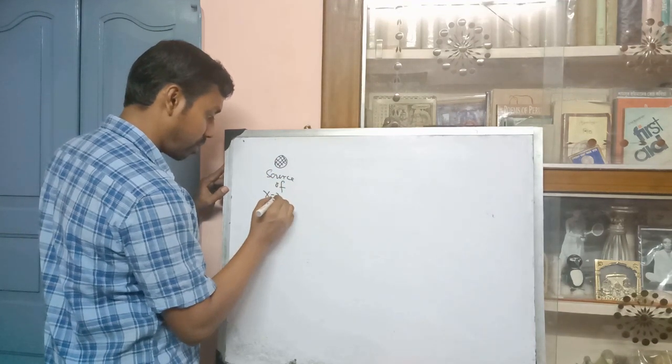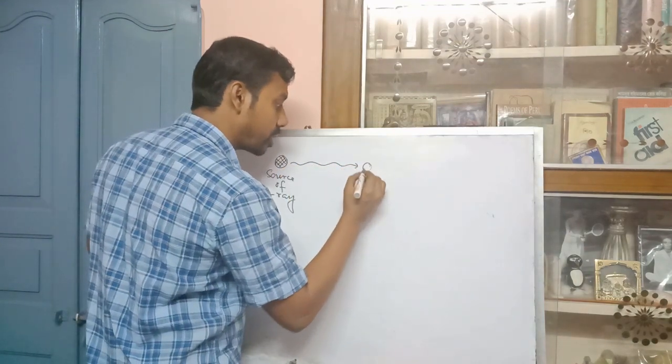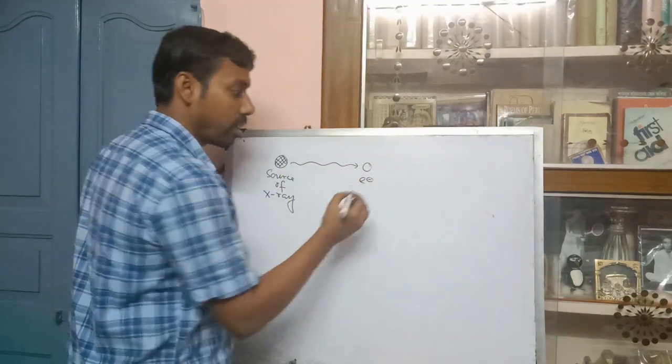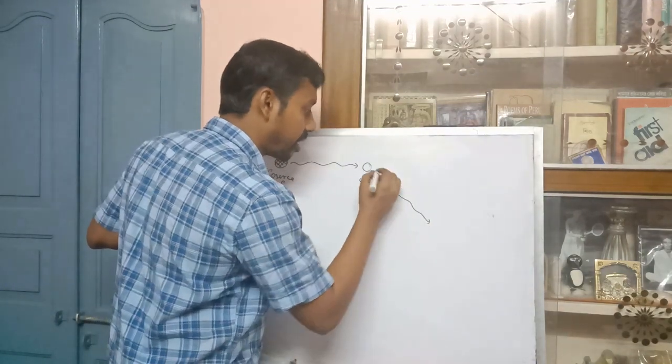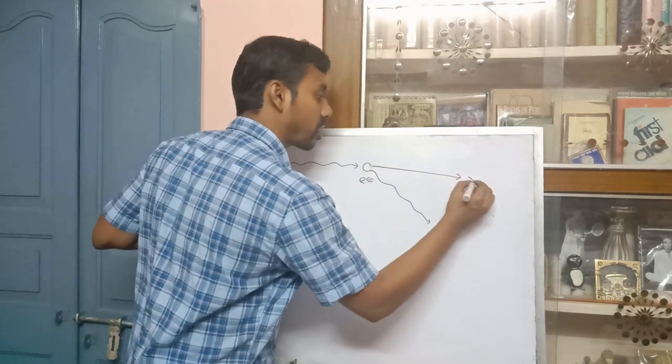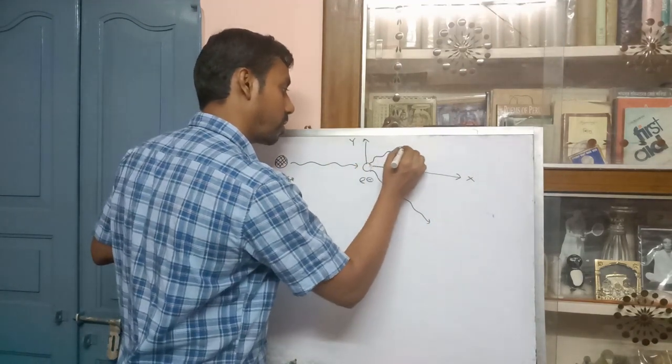Suppose this direction is your X direction, this direction is your Y direction, so the electron is recoiling.